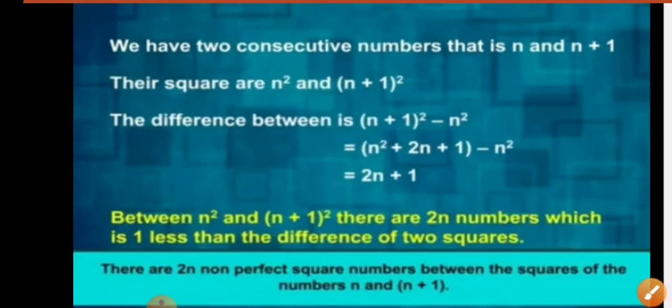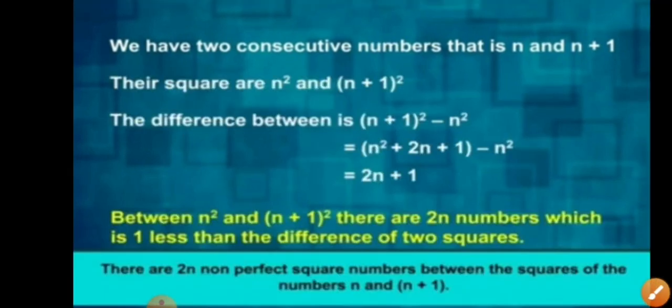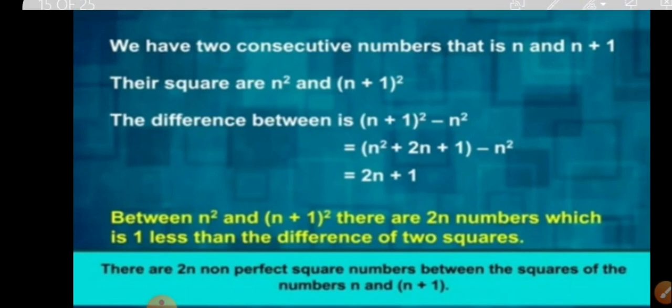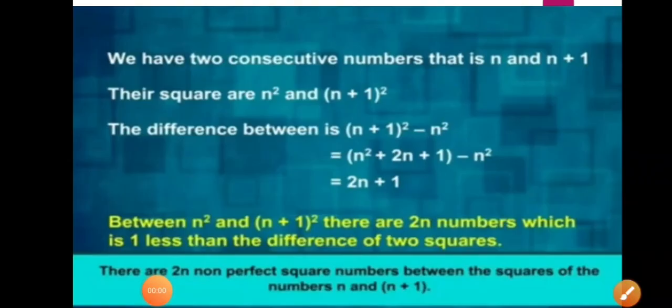So what you can do is, we can say that there are 2n non-square numbers between the 2 square numbers.